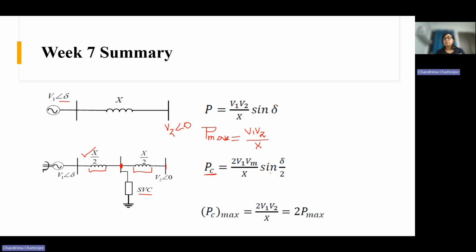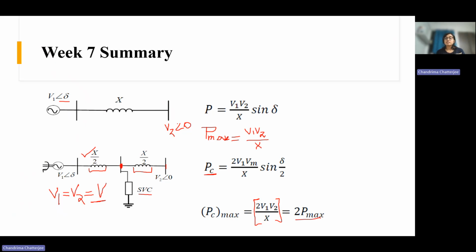Again, what will be the maximum power? Maximum power will be 2 V1 Vm by X. And if this is a symmetrical line, then we can say V1 equal to V2 equal to V. If the midpoint voltage is being maintained at this value, then we get this expression, 2V square by X. If you see, this value is twice the previous value, right?